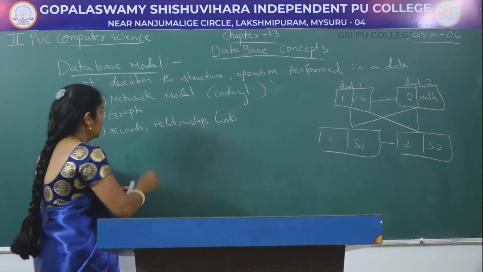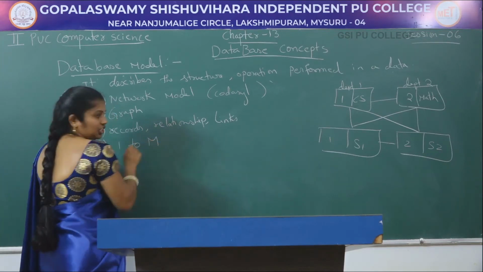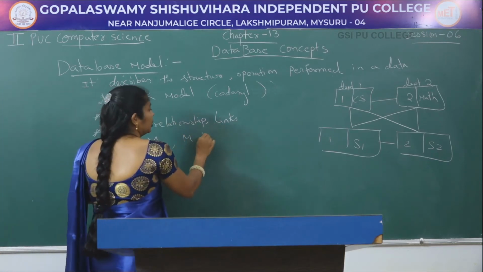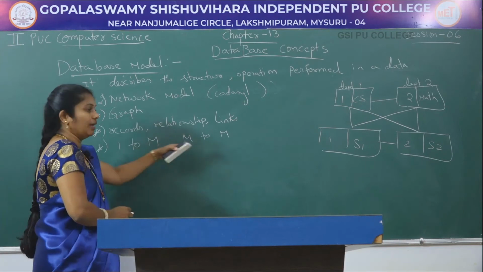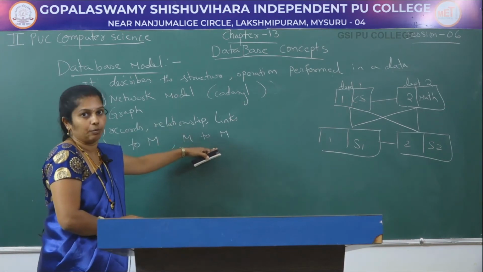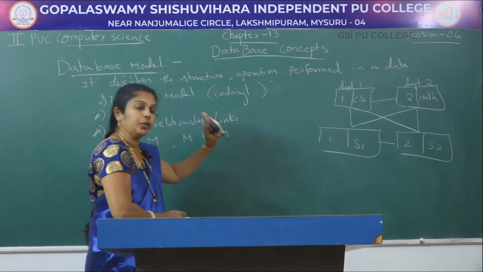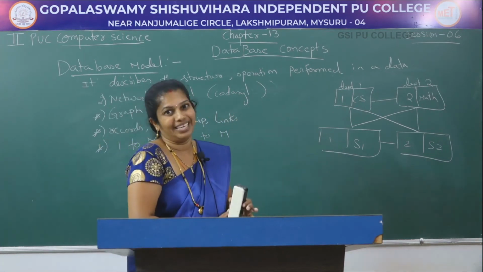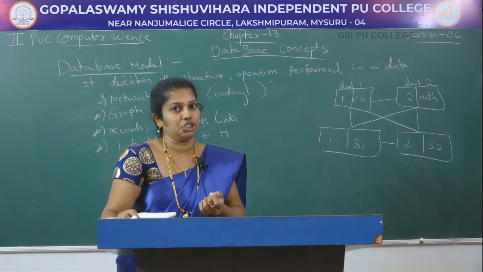With the links, it follows the one-to-many relation as well as the many-to-many relation. Now, is it clear? In the previous model we had one-to-one as well as one-to-many, but here many-to-many relationships also exist.